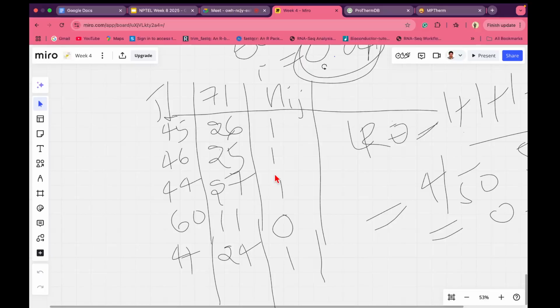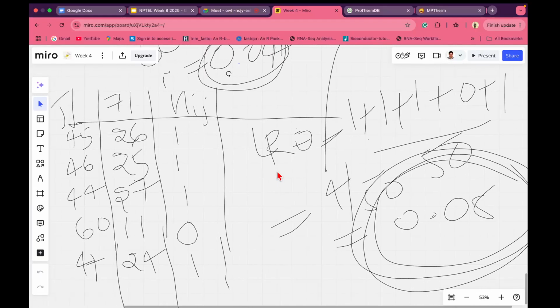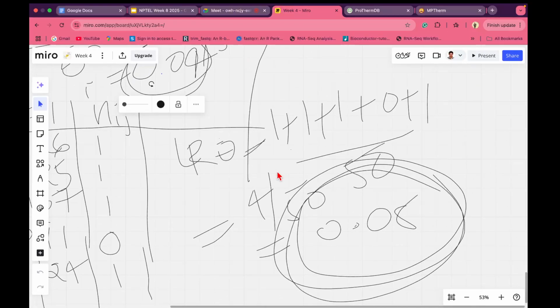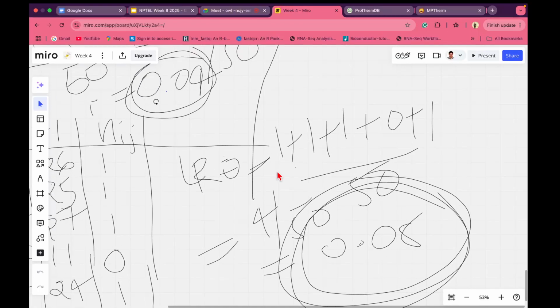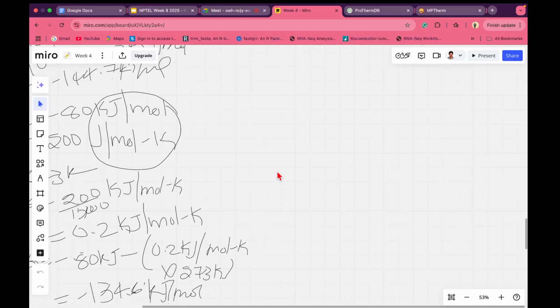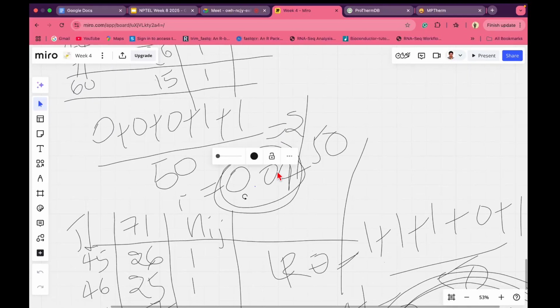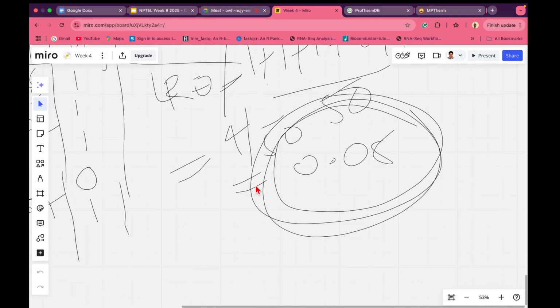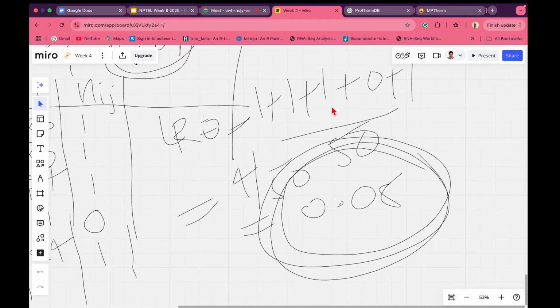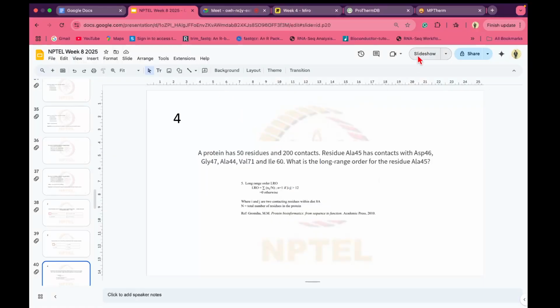So the more connected the residue, the more is the long range order. In the previous case for a similar type of residue we have 0.04. Now the number of contacts has been doubled in this residue, so it has 0.08. So this is how a long range order is calculated.